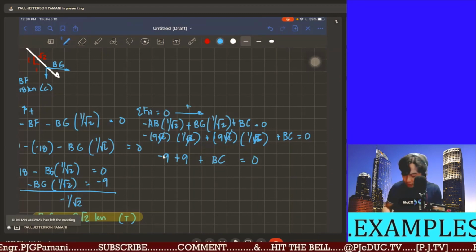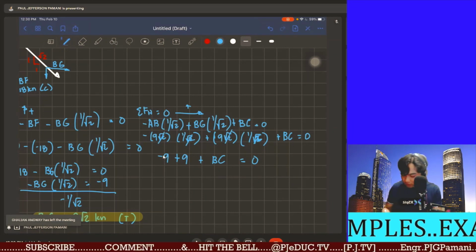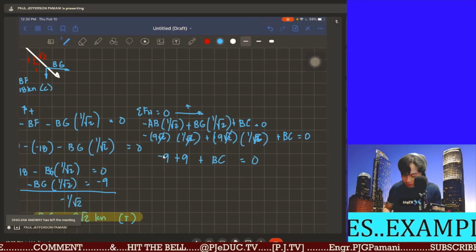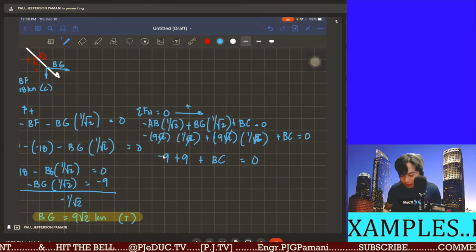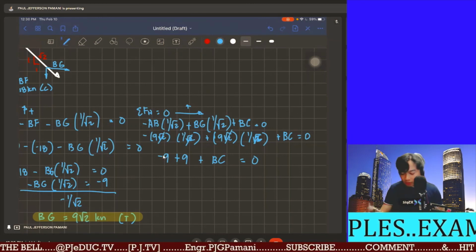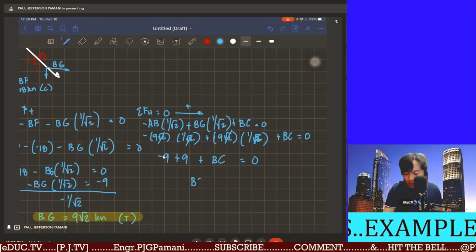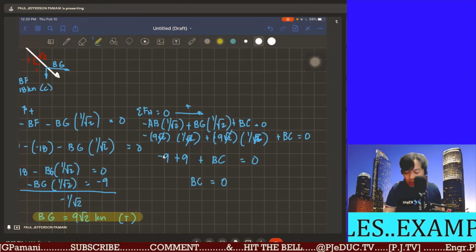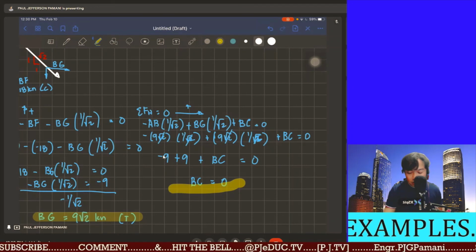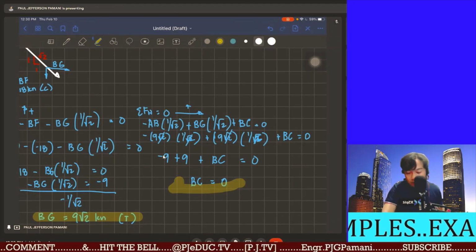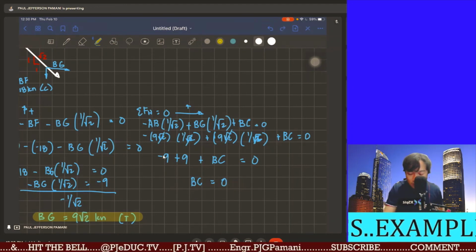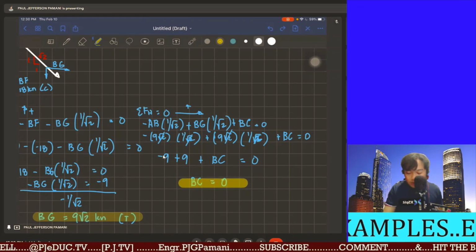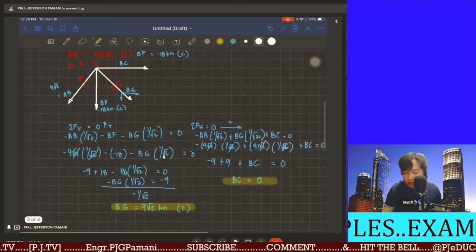Negative 9, yes, square root of 2 times 1 over square root of 2 is negative 9 plus 9, 0. So, BC is equal to 0. Kahit di nyo na ilagay yung compression tension, that is still 0. So, walang internal force sa member BC.